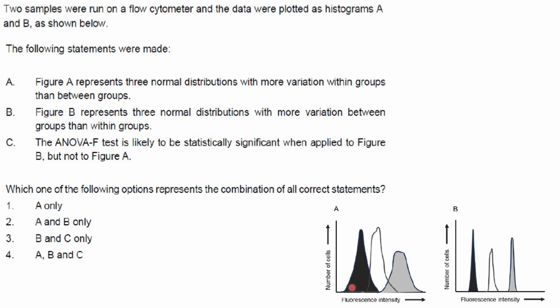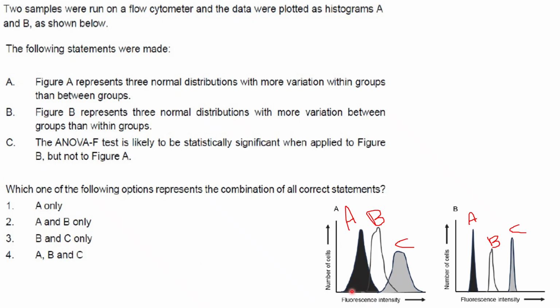So if you see figure A, you can see there is overlap between the peaks. So this peak I am taking as A, this peak I am taking as B, and this peak I am taking as C. Similarly here also, this is A, this is B, and this is C peak.